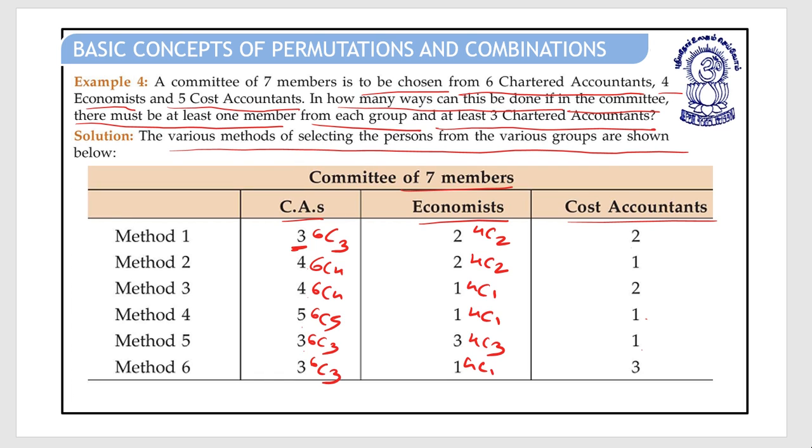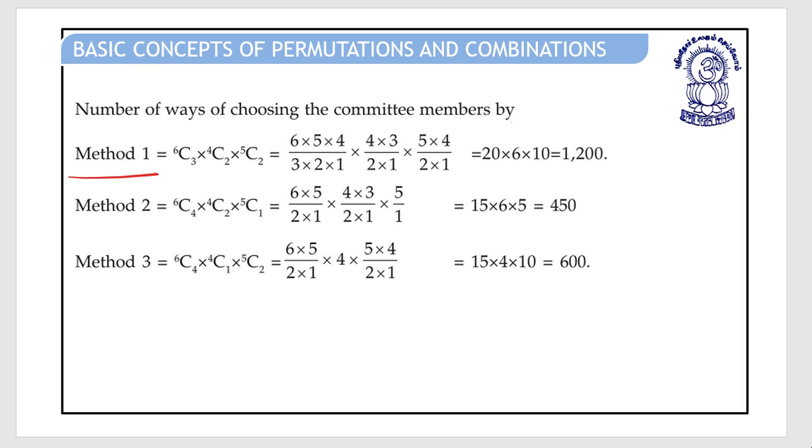Here cost accountants, 5 cost accountants. So 5C2, out of 5, 2 selected. Same way for 5C1, 5C2, 5C1, 5C1, 5C3. Okay. Now take the multiplication.